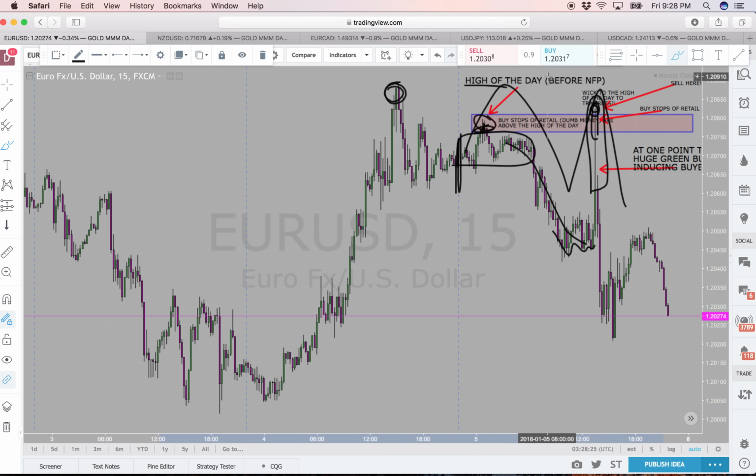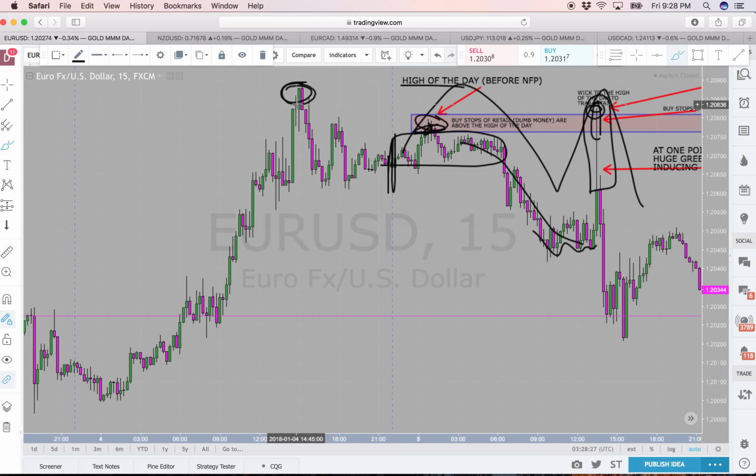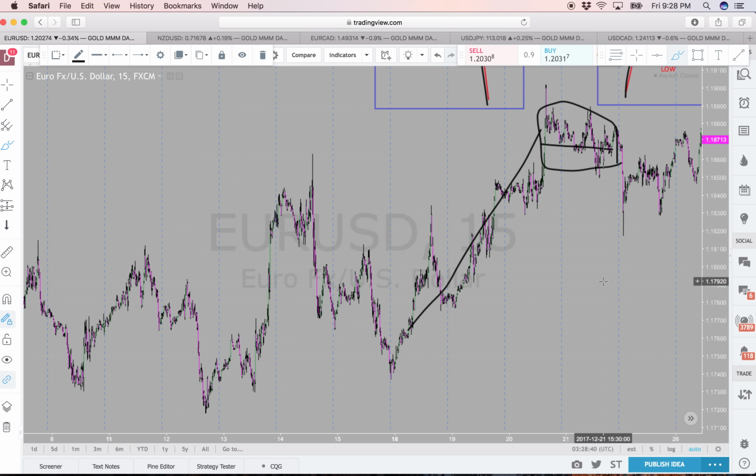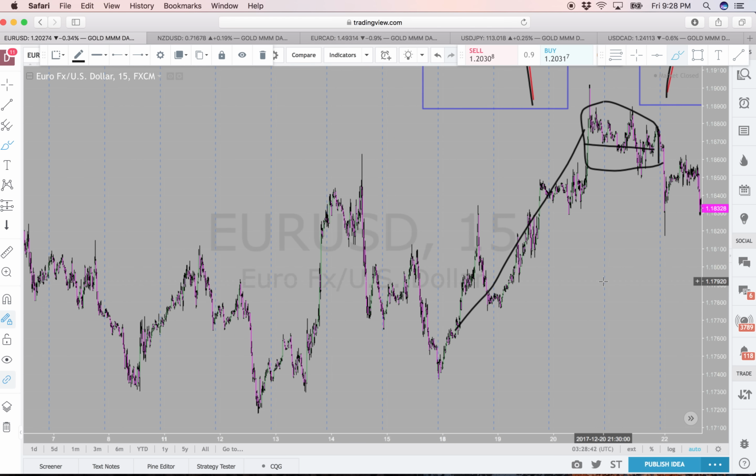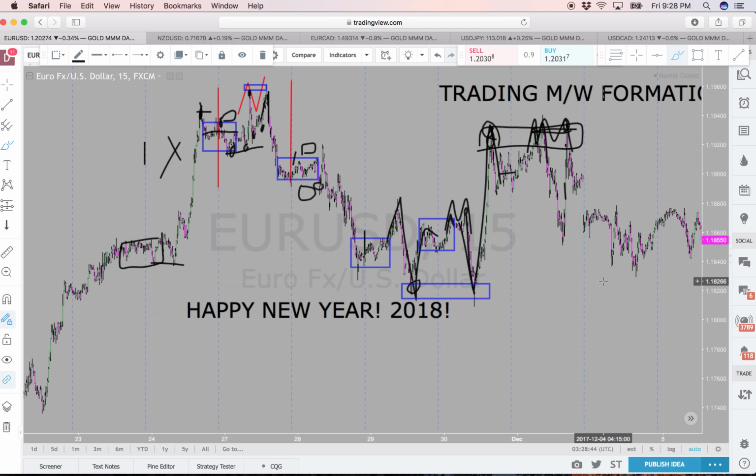So for example, right here, here's the high. We can see this first hit maybe to the high, and then high, second hit, and then this is the very sharp third hit to that high. Here's a better example.